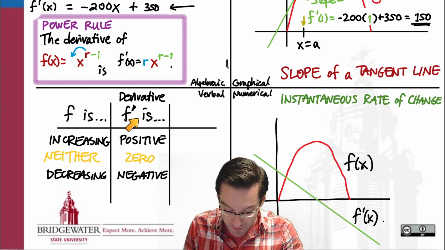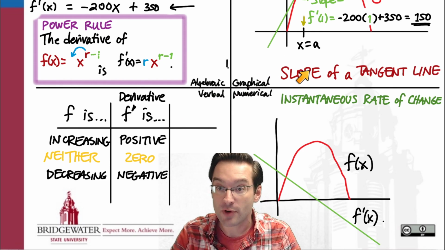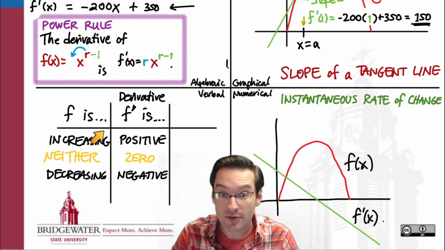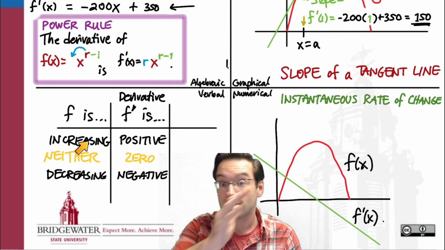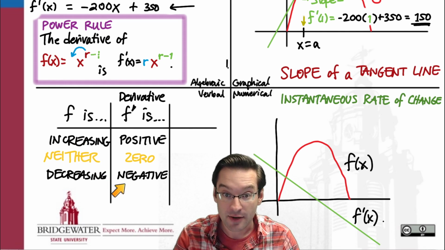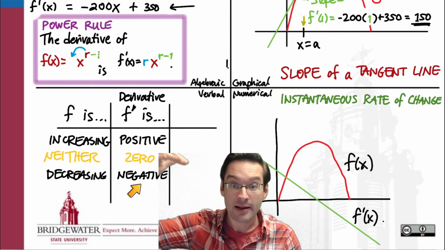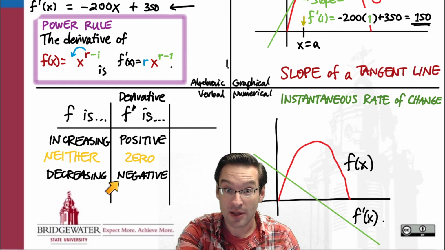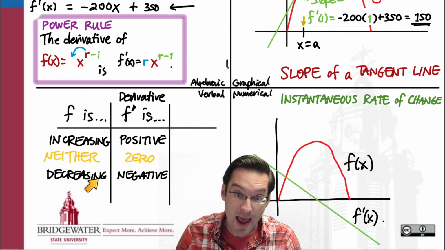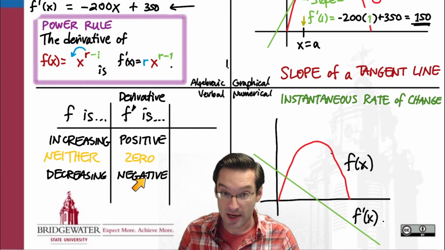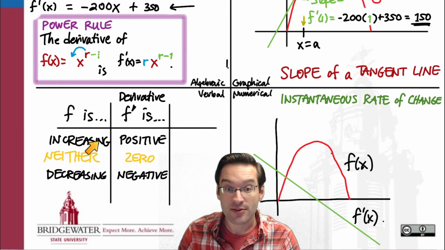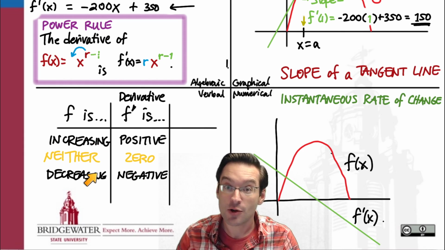Because the derivative of a function tells me the slope of one of its tangent lines, the derivative is going to be a positive quantity anytime my function is increasing from left to right on a graph. And the derivative is going to be a negative quantity anytime my function is decreasing from left to right on a graph. And at those places where the derivative is neither positive nor negative, those will be the places at which my function is neither increasing nor decreasing.